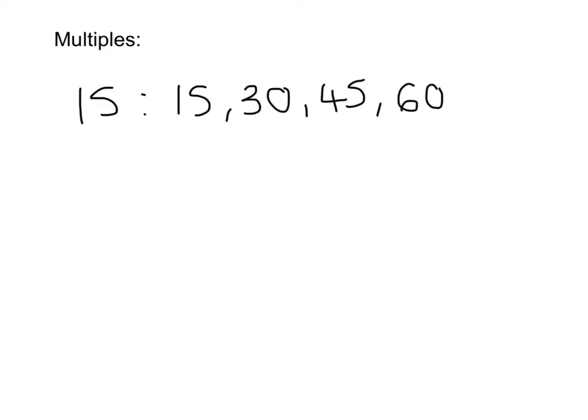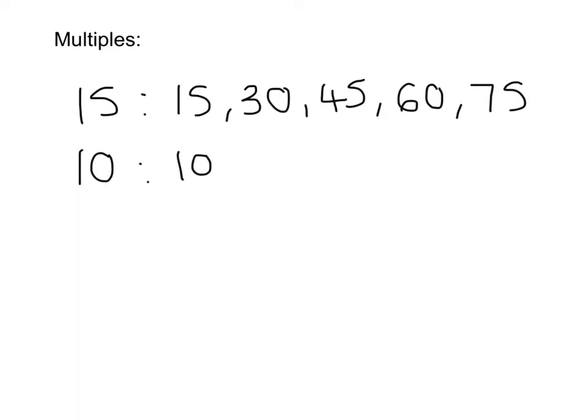Looking at another example, let's look at the multiples of 15. Well, the first 5 multiples of 15 are 15, 30, 45, 60 and 75. And let's have a look at the first 5 multiples of 10.